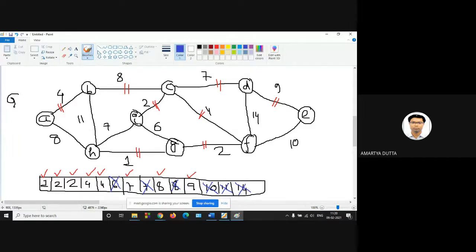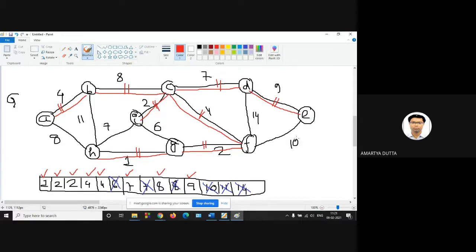So what is the final spanning tree? The final spanning tree is A to B, B to C, C to I, C to F, F to G, G to H, C to D, and D to E. So all the vertices of your given graph are scanned.